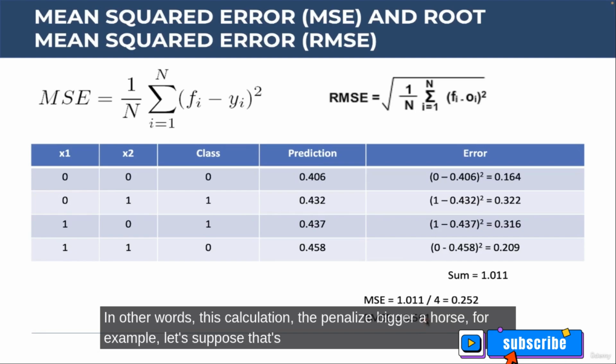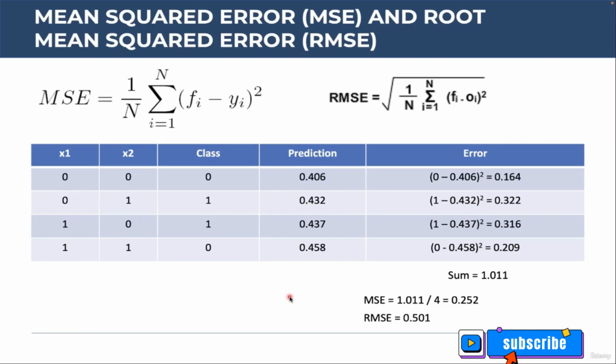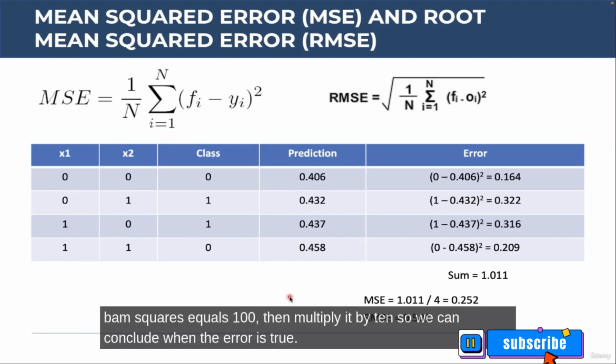For example, let's suppose that the error is only 2. Number 2 squared is 4, 2 times 2. And let's suppose that the error is 10. 10 squared equals 100, 10 multiplied by 10.